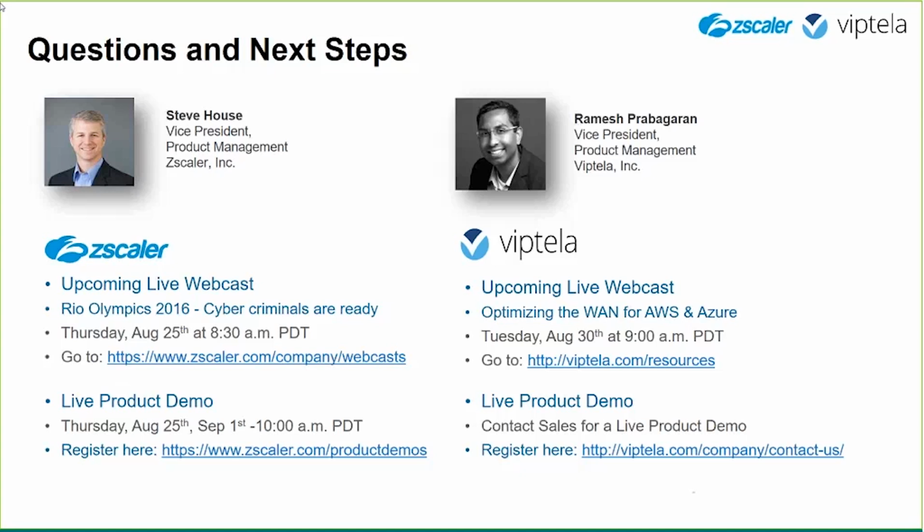And Ramesh can comment on this as well, but Viptela can absolutely work with MPLS and using broadband at the same time as part of either a transition or a strategy to reduce costs and or improve performance. That is correct.